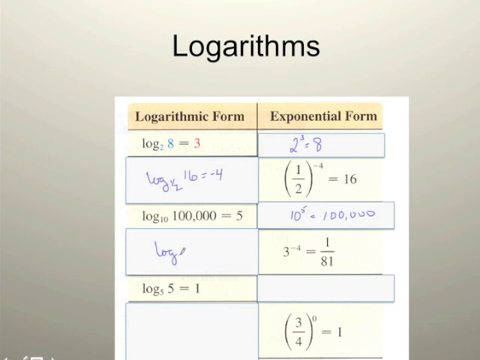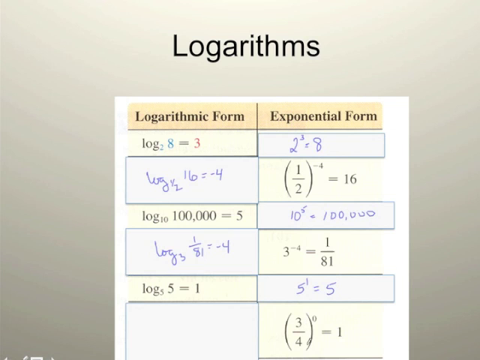It's log base 3 of 1 over 81 equals -4. -4 is the power we would raise 3 to get 1 over 81. Log base 5 of 5 equals 1. The base is 5, the exponent is 1, and 5 to the 1st equals 5.